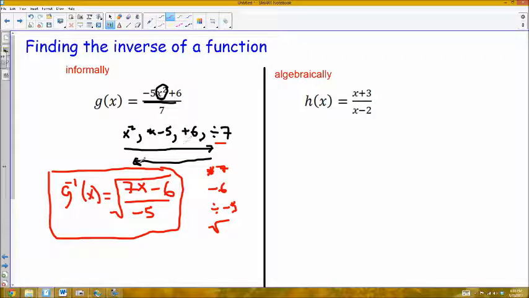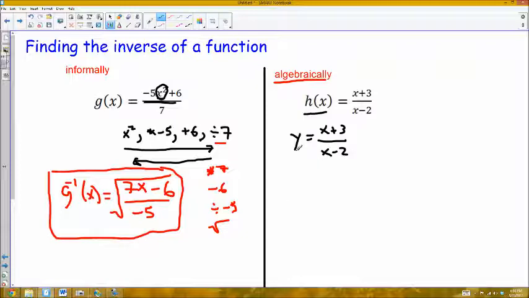Now, if this method seems confusing, you can always fall back on this algebraic way of solving, which is slightly different. So let's go through that method. The algebraic way of solving for the inverse is, I'm first going to simplify this. Rather than using function notation, I'm going to fall back on my old graphing notation. So y equals x plus 3 over x minus 2.